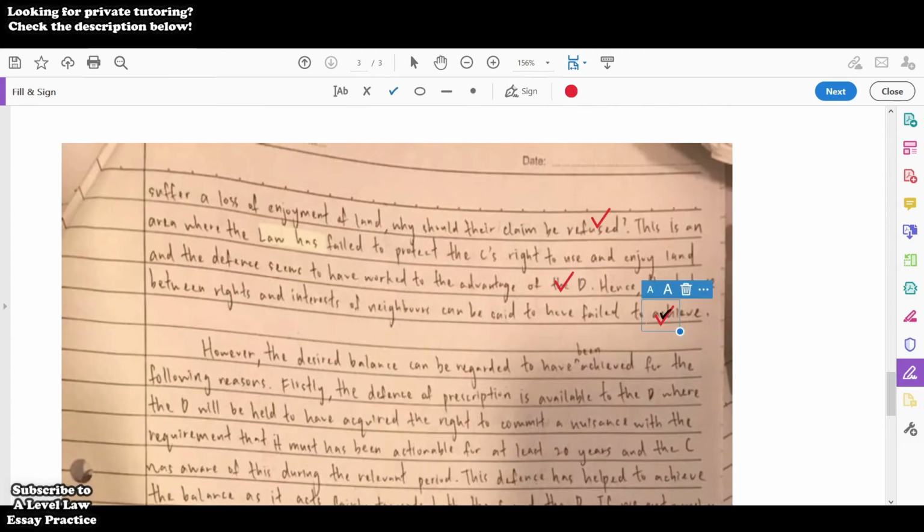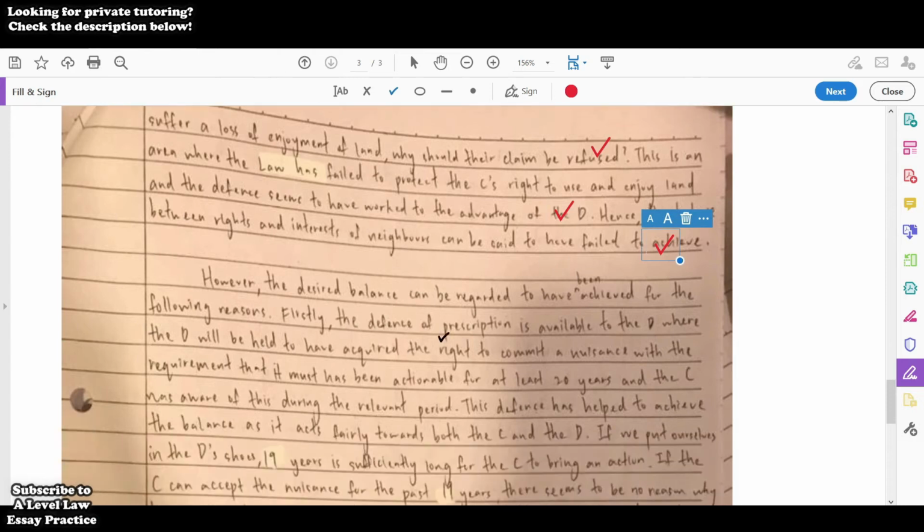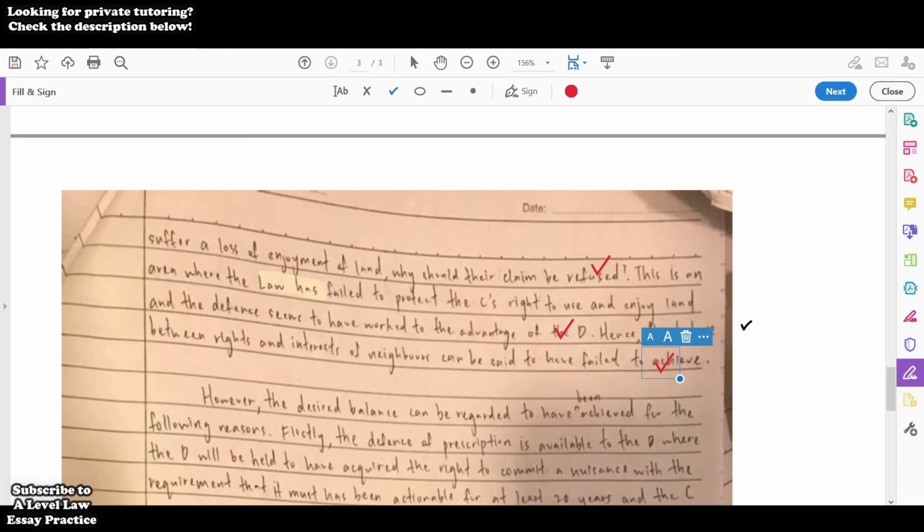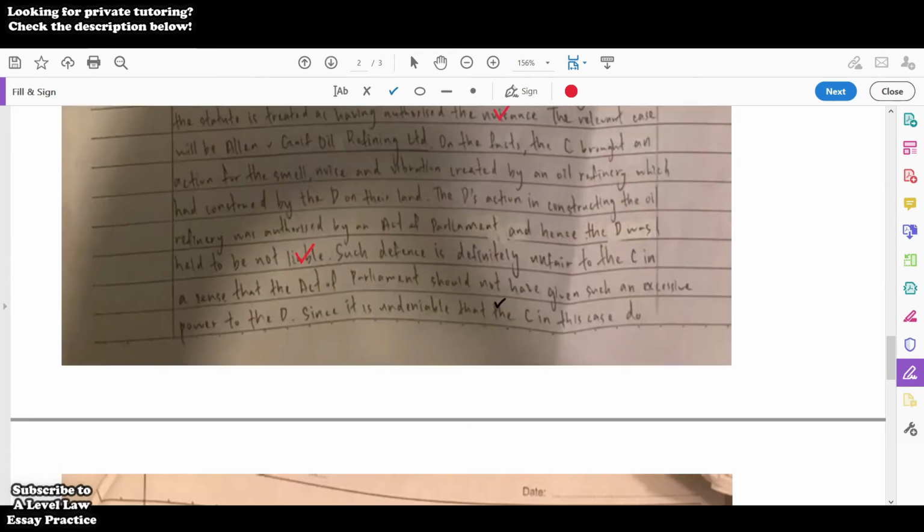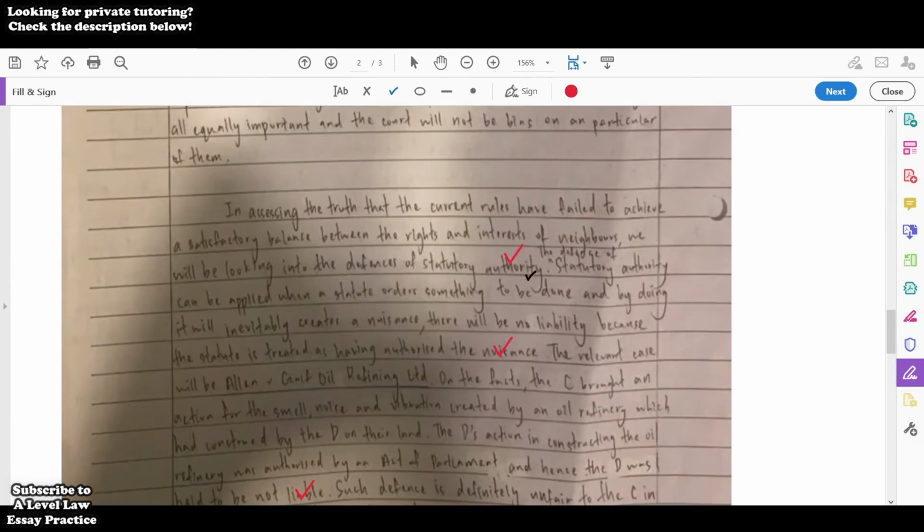But I can see that the next one you're talking about prescription already. There is actually some balance to be discussed here when you talk about statutory authority.